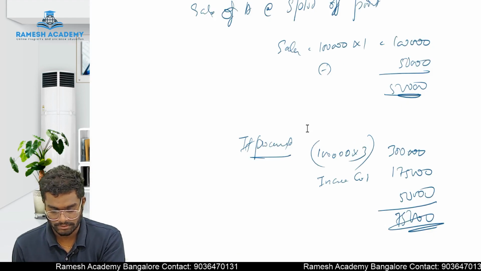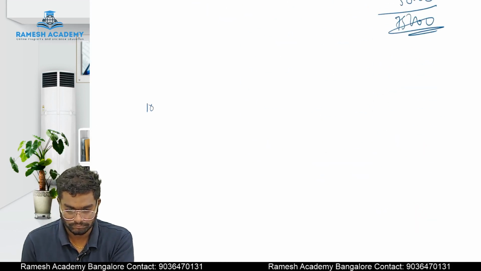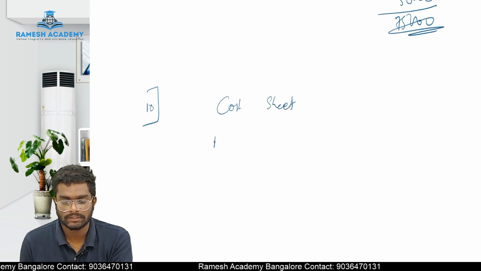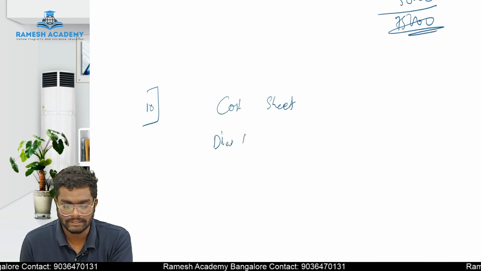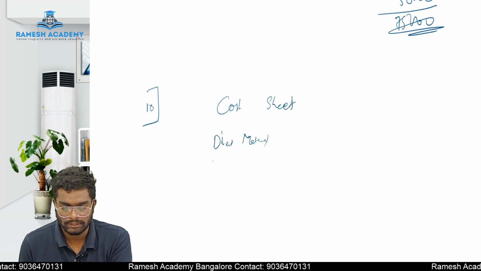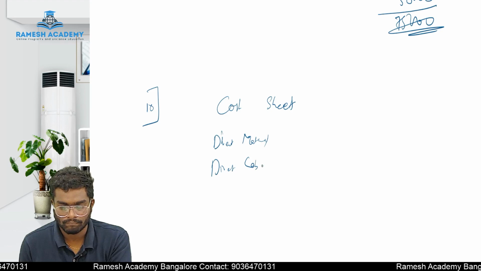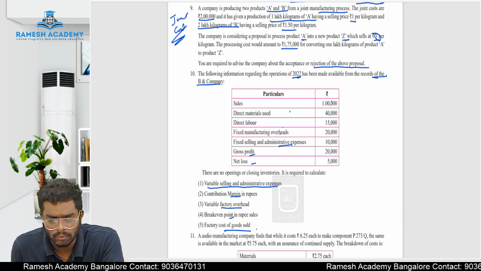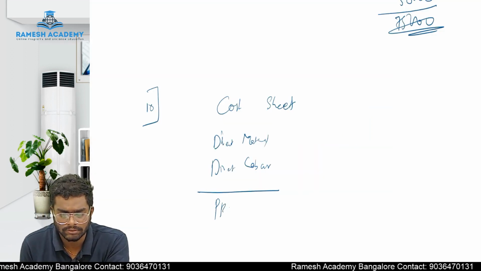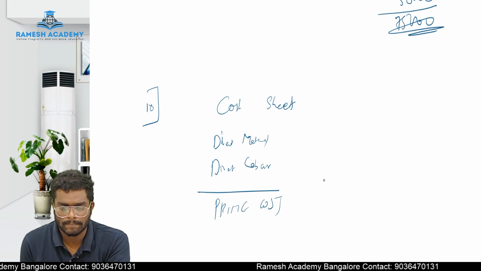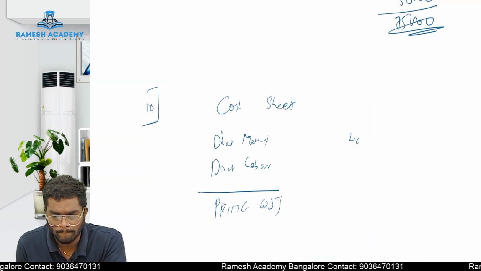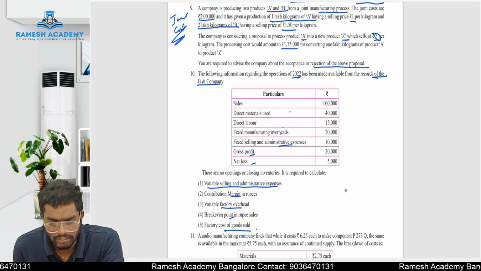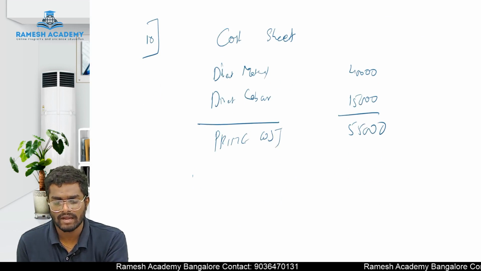So question number 10. First, direct material, direct labor. Do we have direct expense? No, so we can close it here. This is prime cost. Direct material is 40, 15, 55,000. Next, we'll add factory overhead.